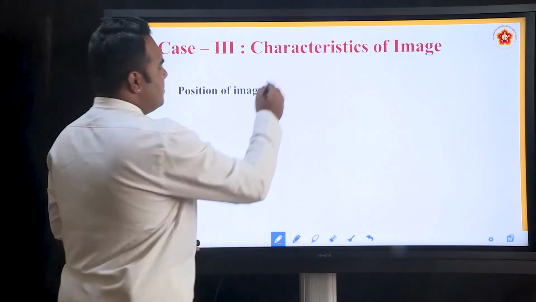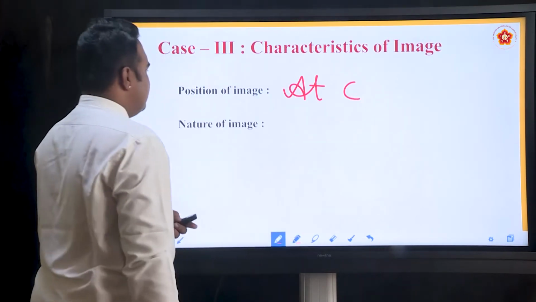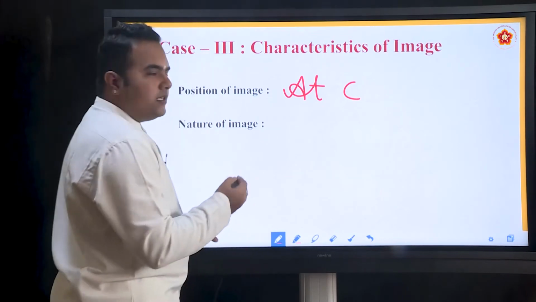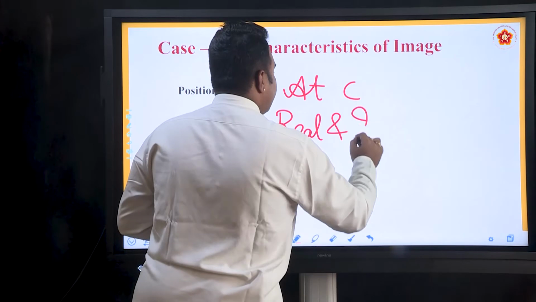Position of the object is at C, position of the image is also at C. Nature of the image, what is the nature of the image? Real and inverted.